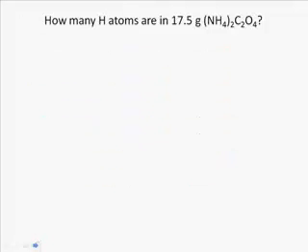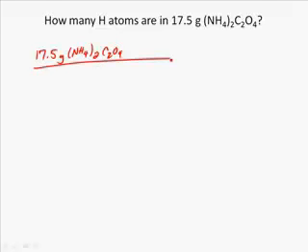Here I have 17.5 grams of ammonium oxalate, (NH4)2C2O4. Now, I need a molar mass for that, so I'm going to calculate this without writing it out, but you calculate it on your own and see if you get the same thing that I did, or something close to that.